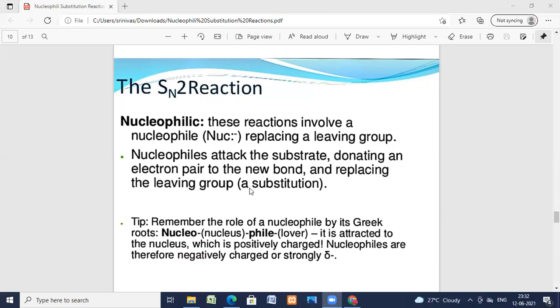We'll take the example of methyl bromide reacting with sodium hydroxide to give methanol and sodium bromide. The alkaline hydrolysis of methyl bromide with aqueous sodium hydroxide or moist silver oxide follows second order kinetics, because the rate of reaction is proportional to the concentration of both methyl bromide and sodium hydroxide. So the rate is proportional to methyl bromide and hydroxyl concentration.